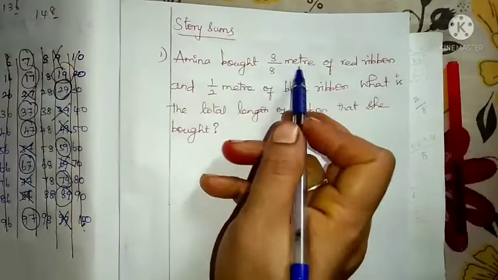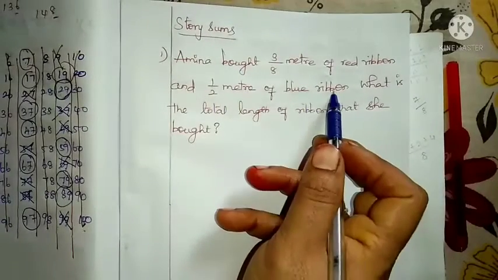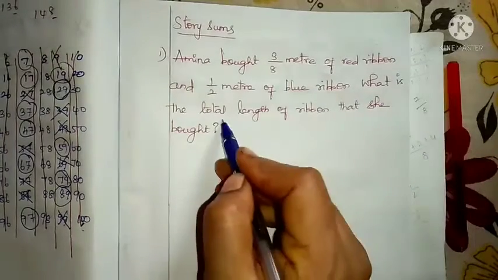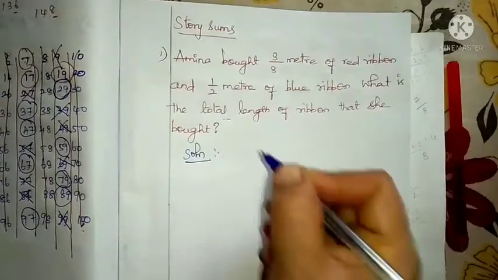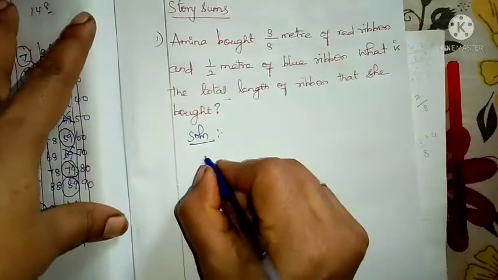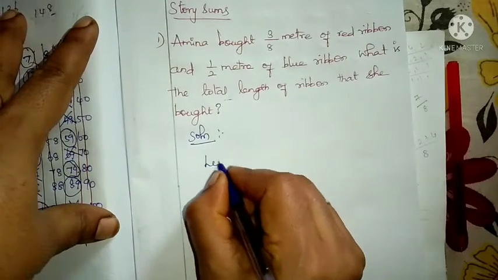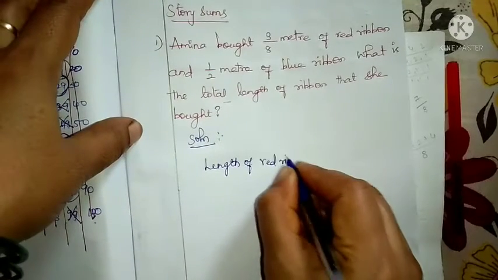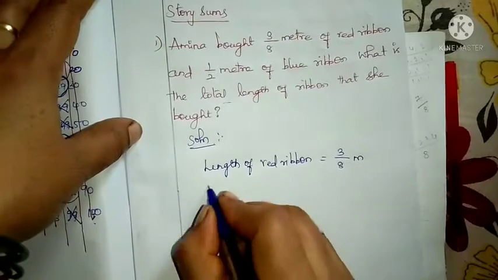Amina bought 3 by 8 meter of red ribbon and 1 by 2 meter of blue ribbon. What is the total length of ribbon that she bought? They asked total length, so we want to do addition. Length of red ribbon equals 3 by 8 meter.